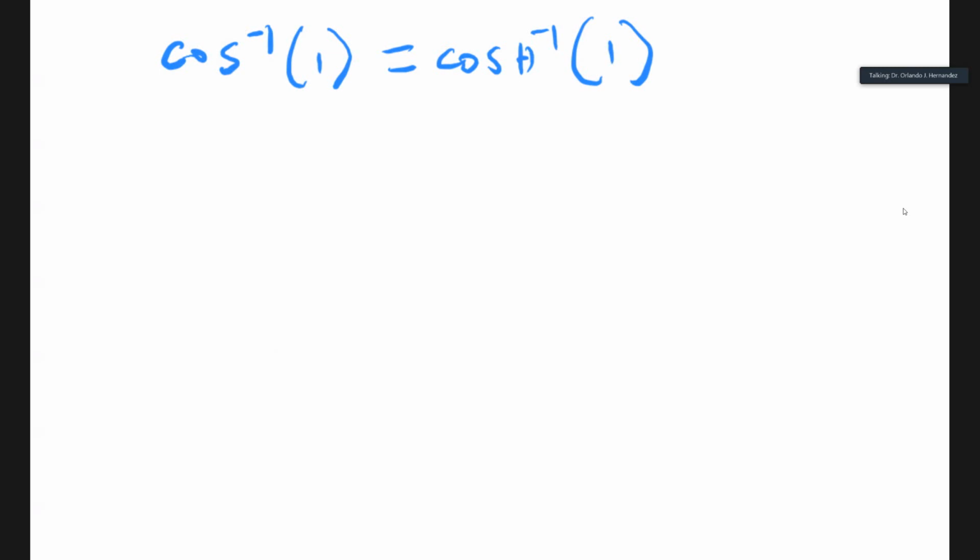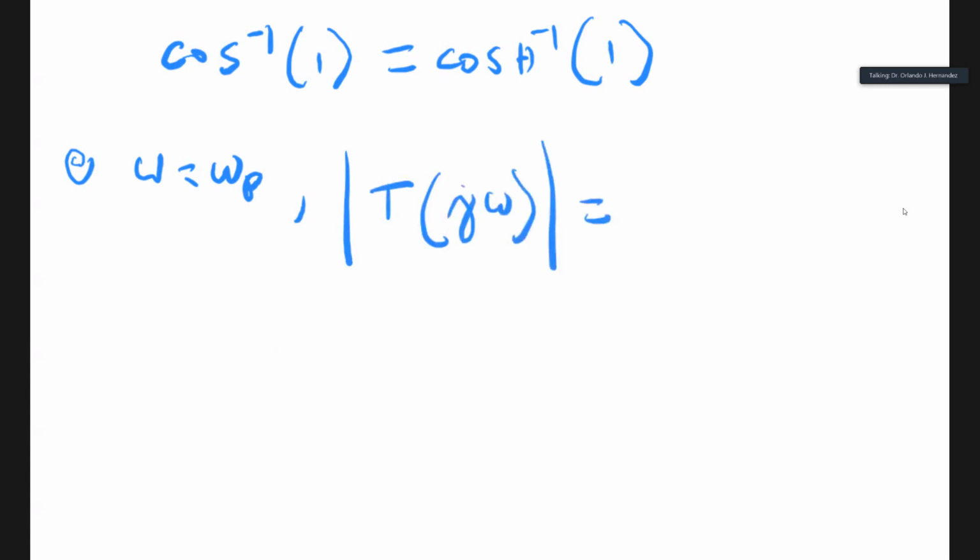Additionally, at the cutoff frequency, if omega is equal to the cutoff frequency, then the magnitude is 1 over the square root of 1 plus epsilon squared. That's another important observation, okay?